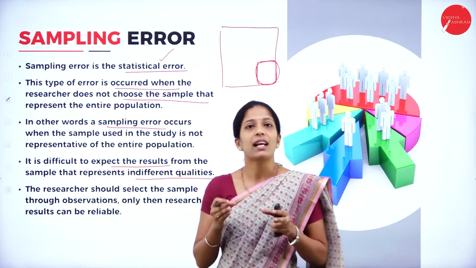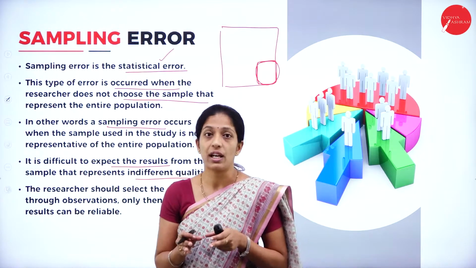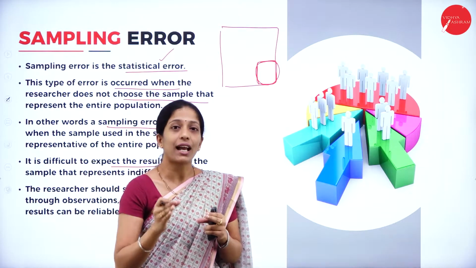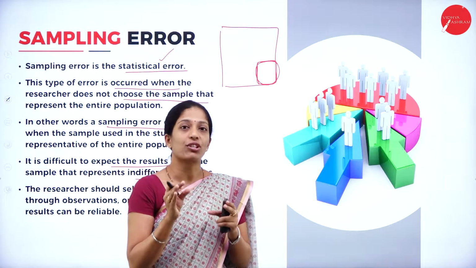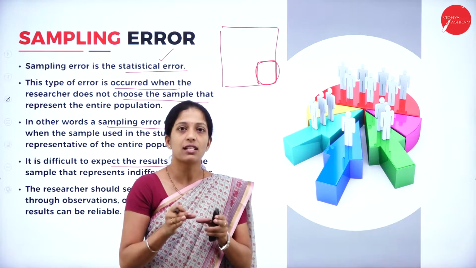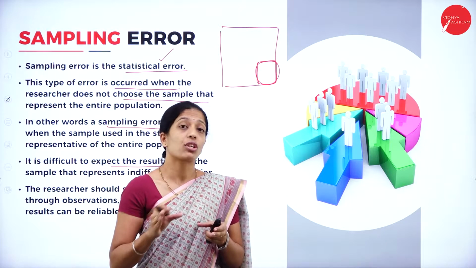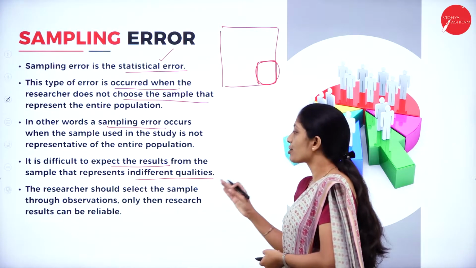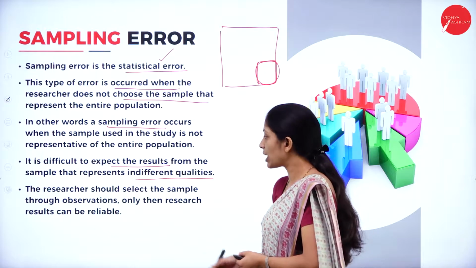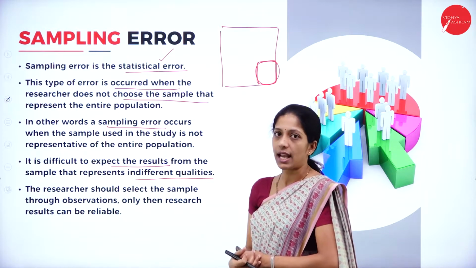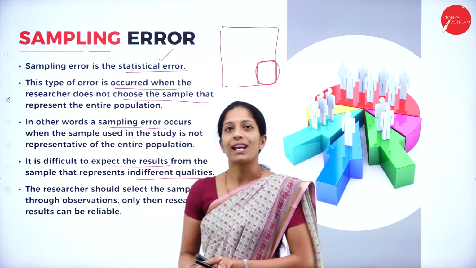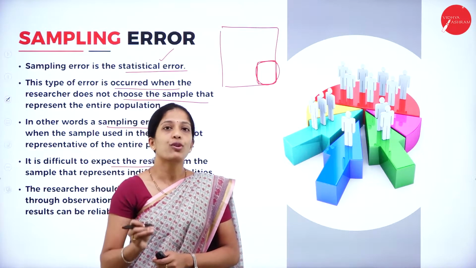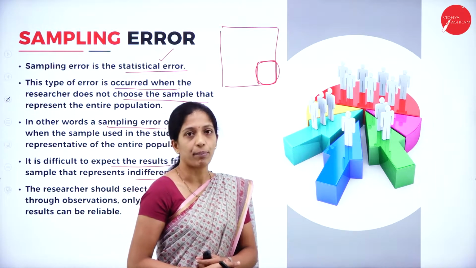Of course, we can't get the exact result from the sample, but the researcher has to make sure that we can get a little bit of information or a little bit of results from that sample which represents the whole population. The researcher should select the sample through observation, only then can research results be reliable. Of course, we have learnt in a previous session how to select a sample, what the processes involved are, correct?